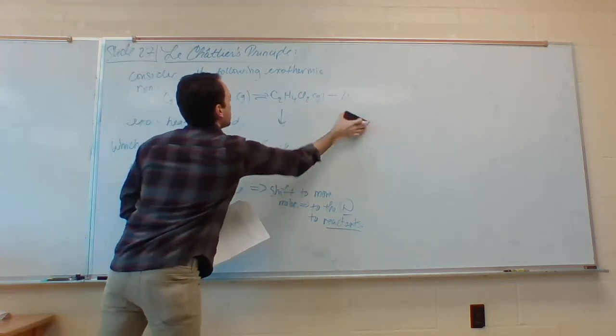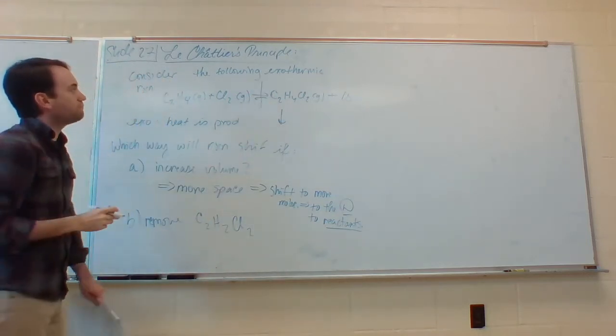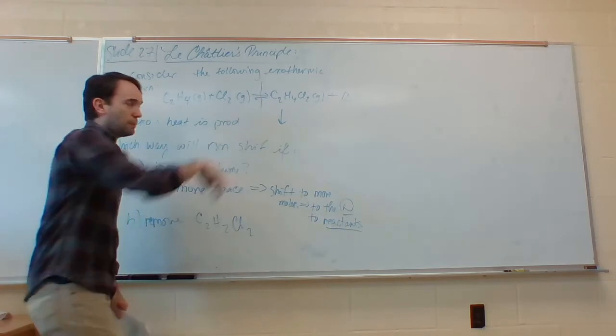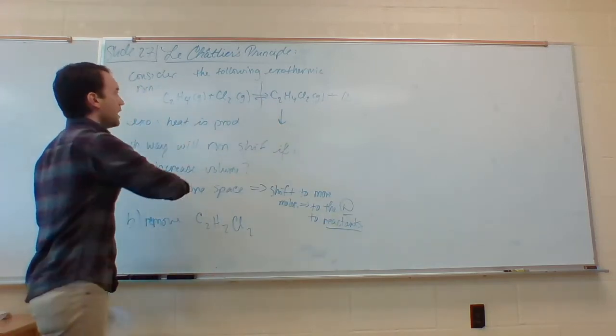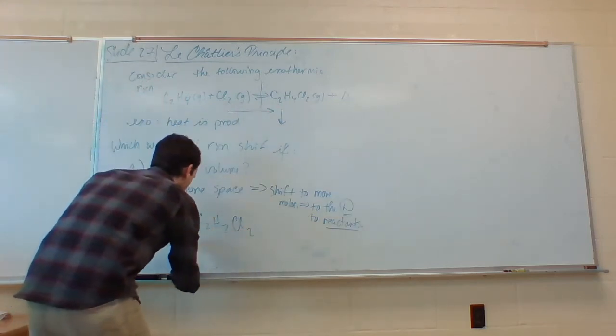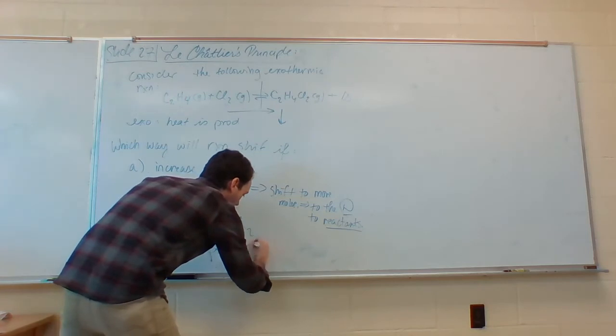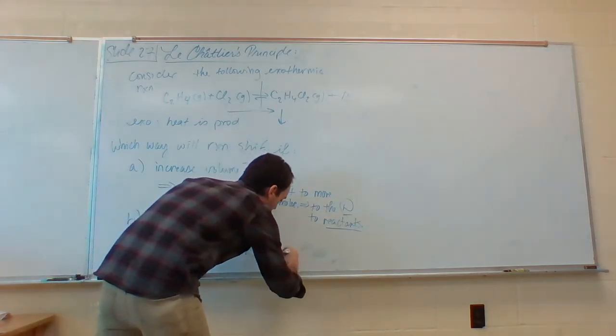Or you could think about it as which side is stronger, right? Always draw your line. If this side loses a player, which side is weaker? That side. So that means it's going to shift to the right. Or to products.